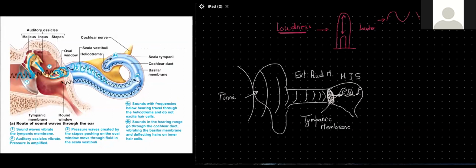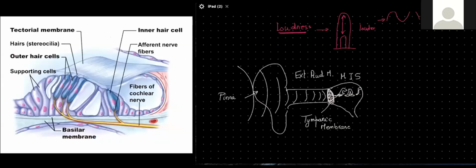And in order for me to hear the sound, it needs to travel from the scala vestibuli to the scala tympani, passing through the scala media. Why do I need to pass through the scala media? In order for me to reach the organ of Corti. And the organ of Corti on here that I see is going to be the receptor for hearing.